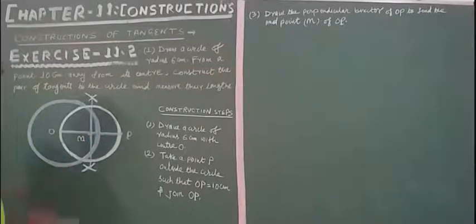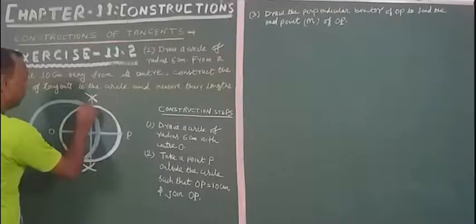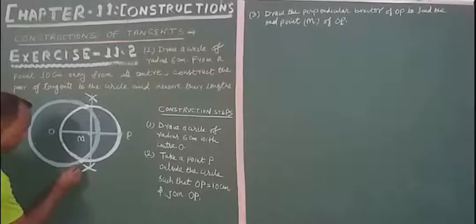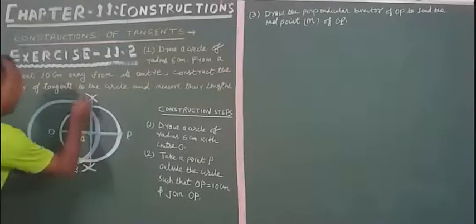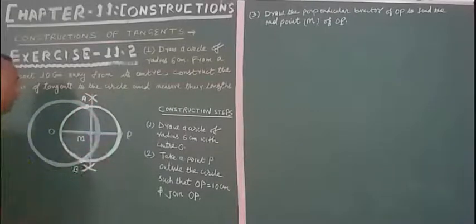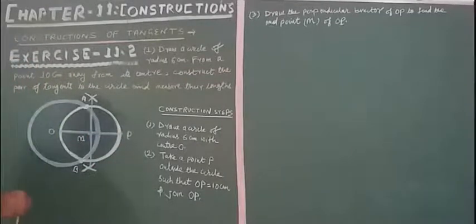And just look at this circle. This intersects the given circle at 2 points. One point is this, and one point is this. These are the points A and B. And then we will join AP and BP.